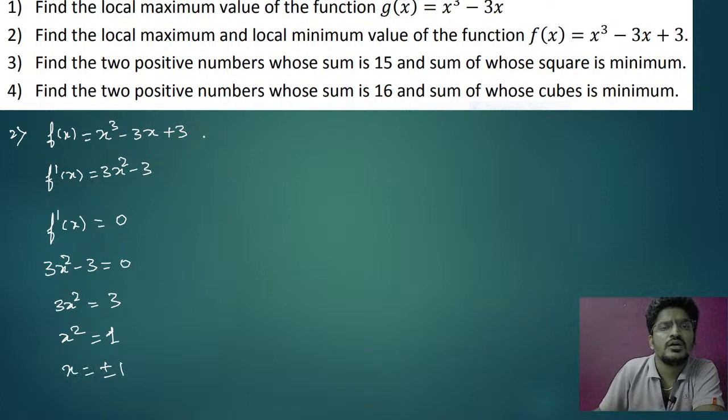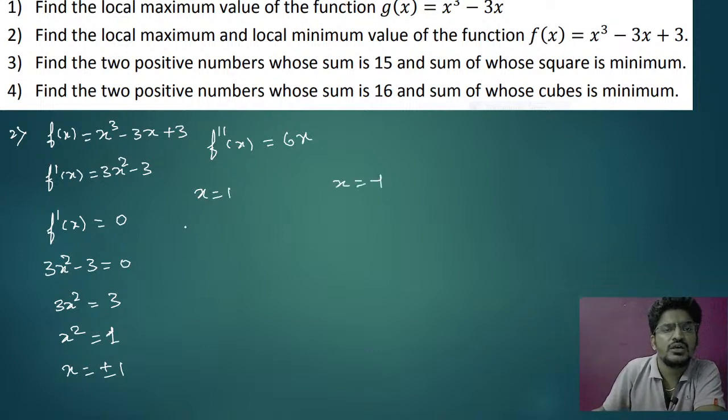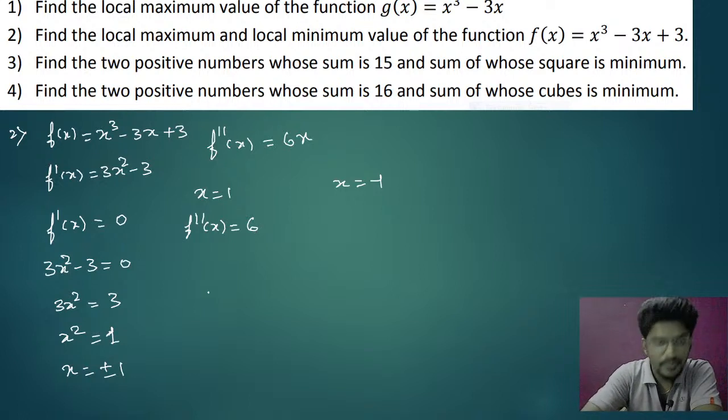Okay. So now here you can calculate f double dash of x. That will be again 6x. Clear? So previously we have solved this, so it is going to be very easy. Put x equal to 1. Put x equal to minus 1. So f double dash of x is equal to 6 at x equal to 1, that means it is greater than 0.